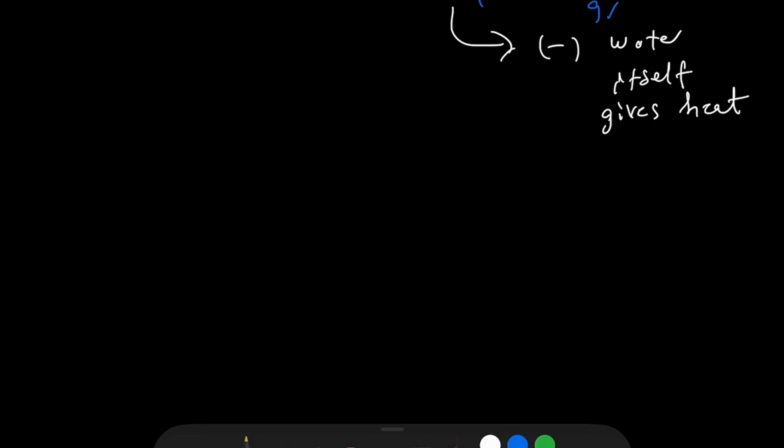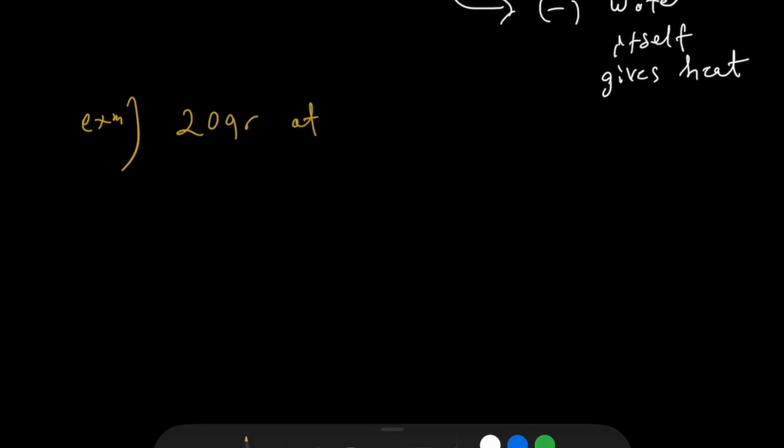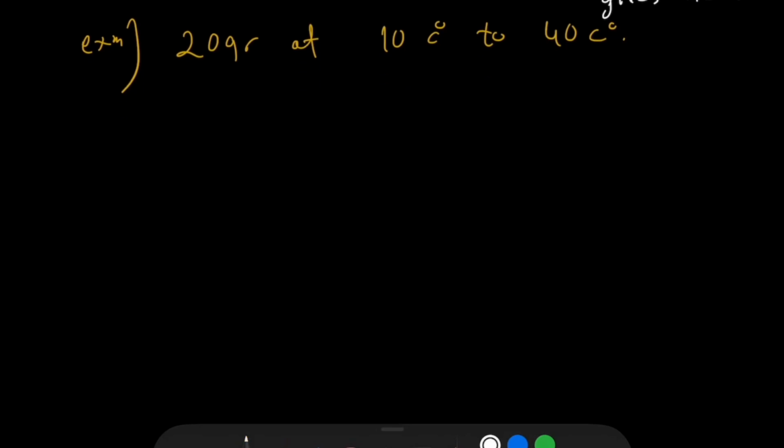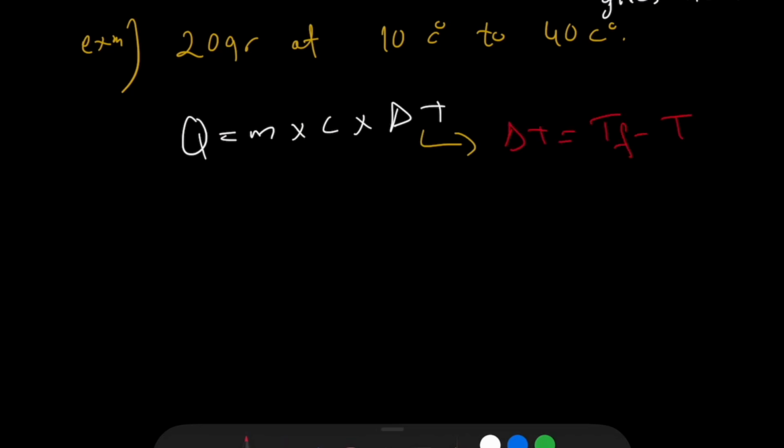Okay, another example. We want to change the temperature of 20 gram of water from 10 to 40. How much heat is needed? Q equals mc delta T. So delta T is T final minus T initial.